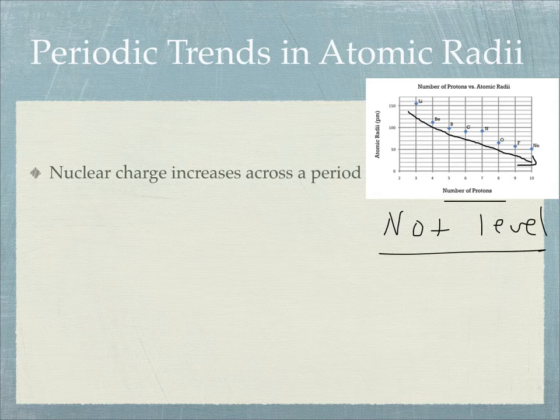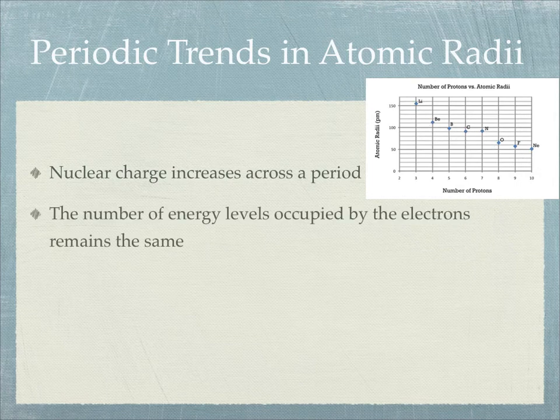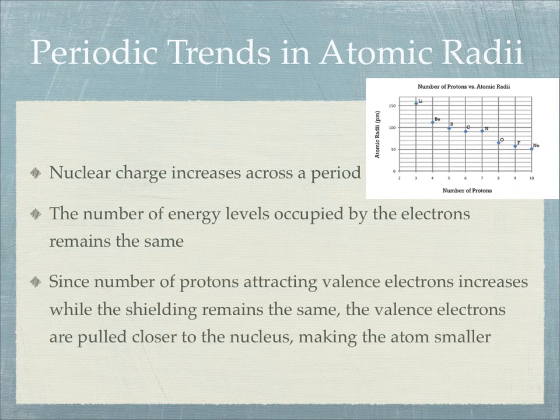And so what happens is, if I go to this one at 10, neon, versus, let's say, number 3, lithium, I have 10 protons, 10 electrons. These protons, they can pull that in quite a bit. I'm not adding more levels, so therefore there's no more shielding, so they can pull it down quite a bit. So the number of energy levels is the same, but the number of electrons increases.